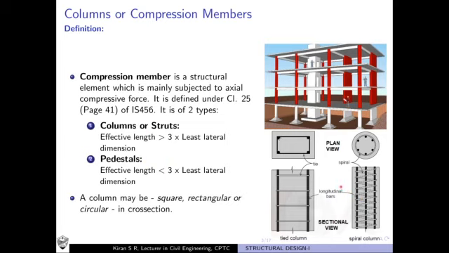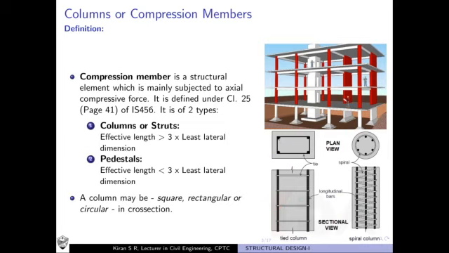Now columns are typically of the following cross-sectional shapes. They are either square or rectangular or circular in cross section. So for the RCC structures, the columns are typically of any of these 3 cross sectional shapes, and here in this figure you are seeing this as the plan view of the column.